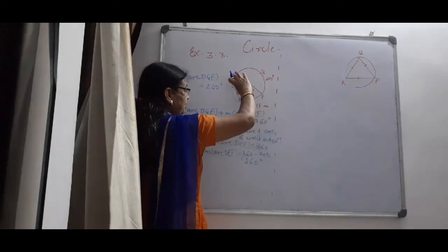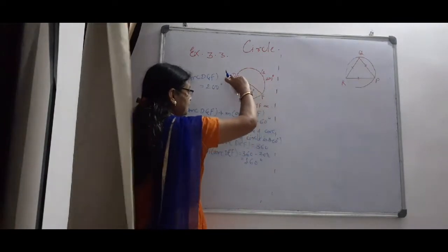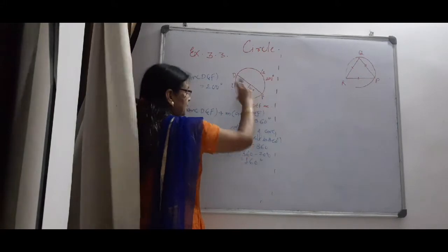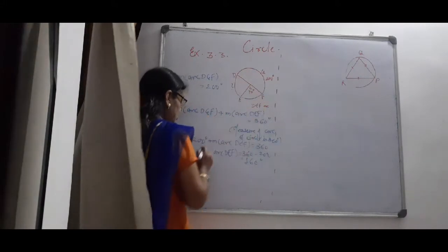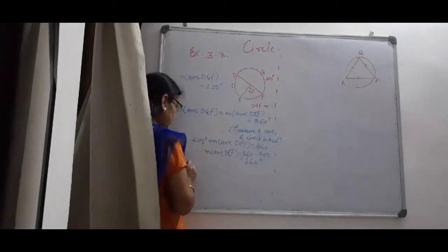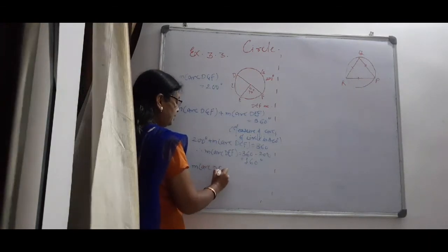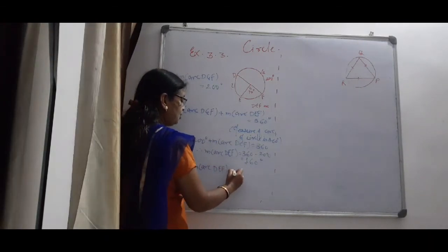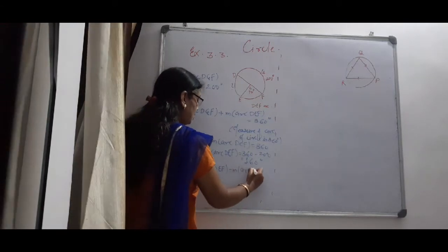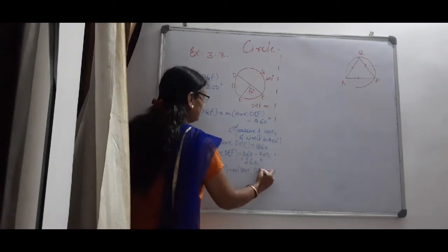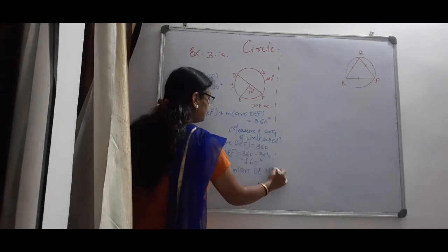Then you have to find out DE. Now see here DEF means DE plus EF. So measure arc DEF is equal to measure arc DE plus measure arc EF.